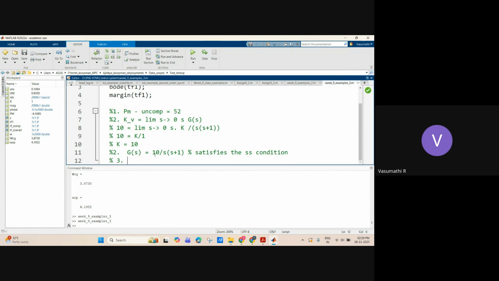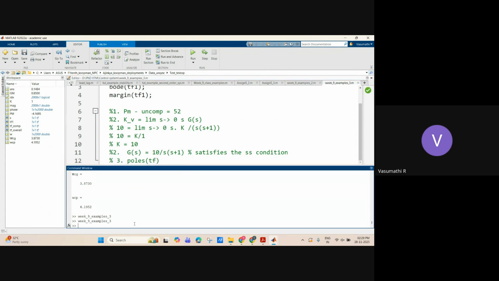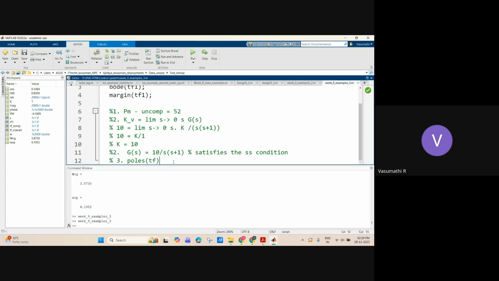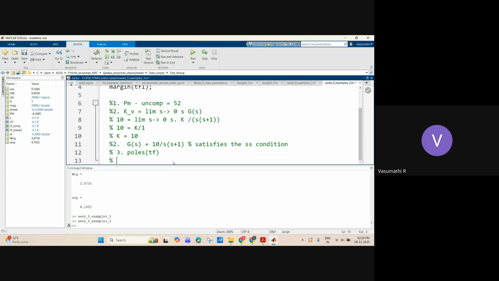Last time I told, but I didn't mention how we can find the poles of this transfer function. That will give you all the poles of the transfer function. But here, this is the open loop transfer function, right? First, we need to find the closed loop transfer function to find the stability.